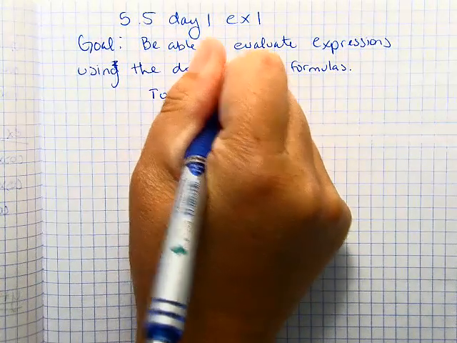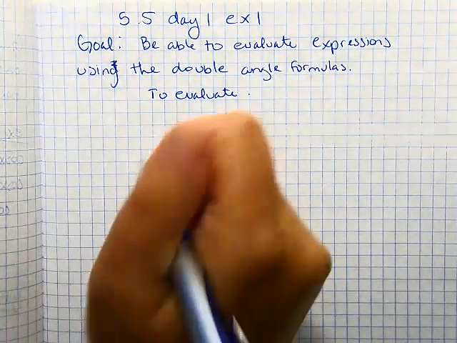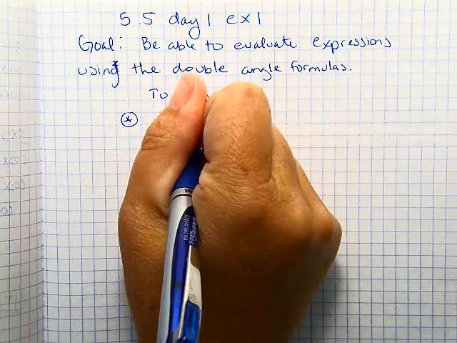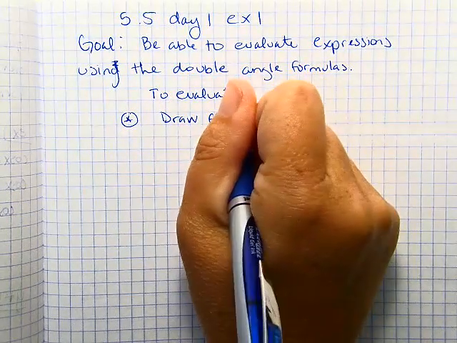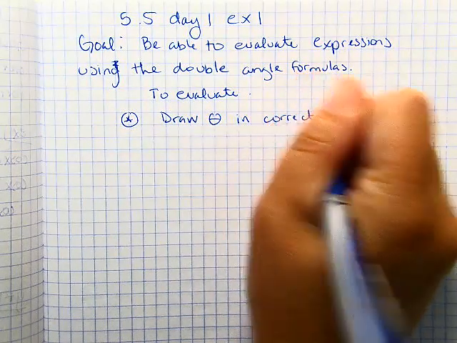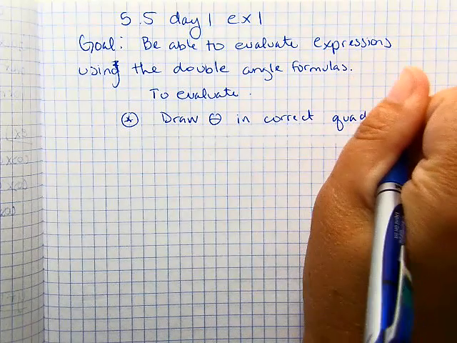So we're going to start with this by drawing a triangle or drawing theta in the correct quadrant. We have done this 3 different times, so hopefully this becomes no problem.